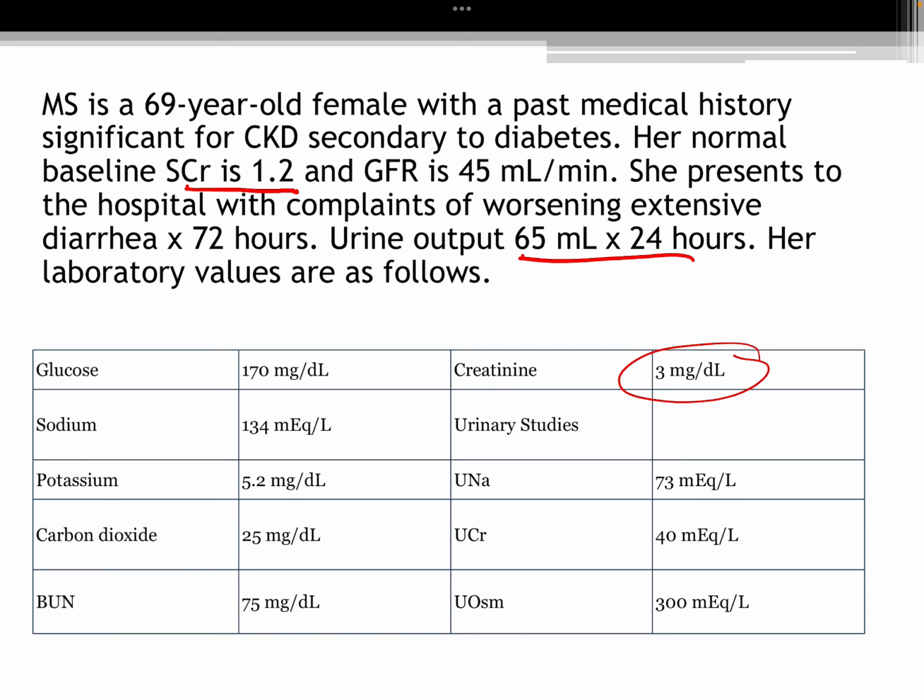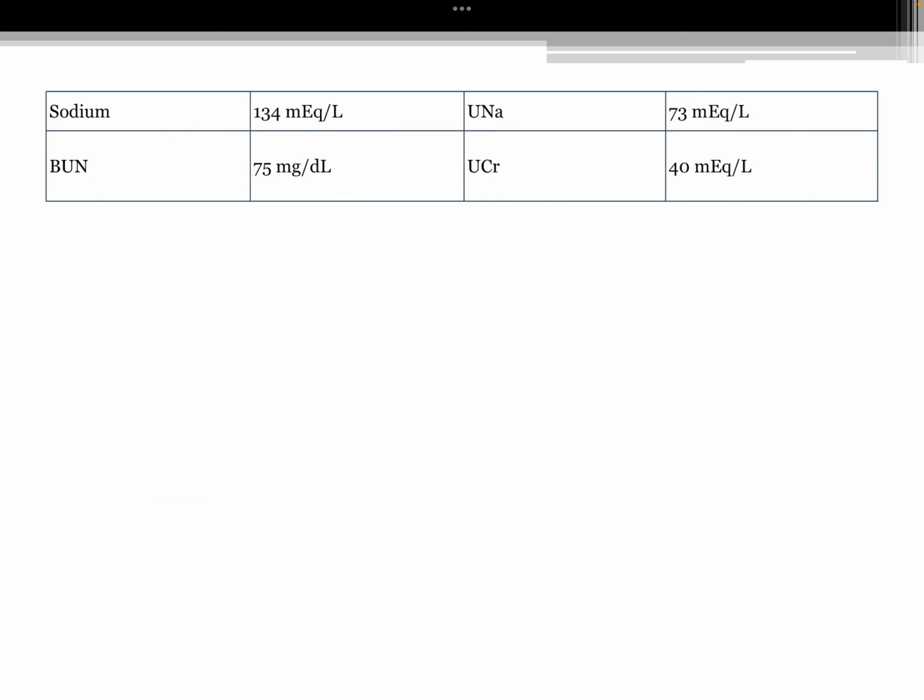So let's pick out what we need. We know that we need our urine sodium, our urine creatinine, our serum creatinine, which I already circled, and our serum sodium. So let's go to the next page and let's set up our equation. We're going to put our big dividing line here. So we have UNa over SNa, over UCr over SCr.